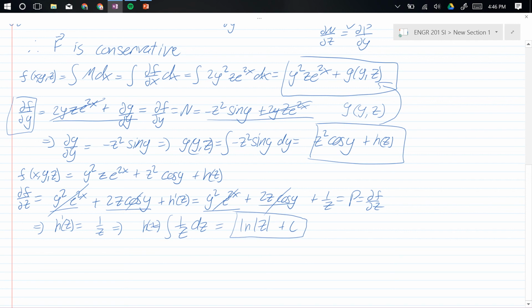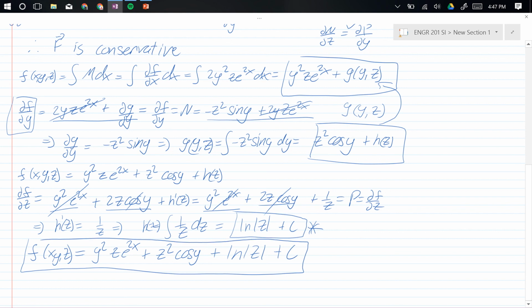So now we can bring f of x, y, z together and say it's equal to the top part, which is y squared z e to the 2x, plus our g of y, z, which is z squared cosine y, plus our h sub z, which we found here, which is natural log of the absolute value of z plus c. So then this is our function f of x, y, z.